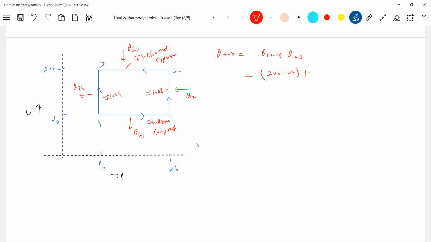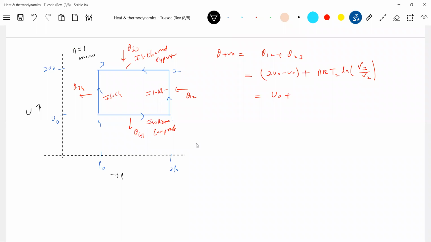What is Q in an isothermal process? nRT2 log of V3 by V2. So this is only U naught, but we don't know the temperature. Nothing is given. I'll write the number of moles: 1 mole of monoatomic gas. 2 U naught minus U naught is U naught.